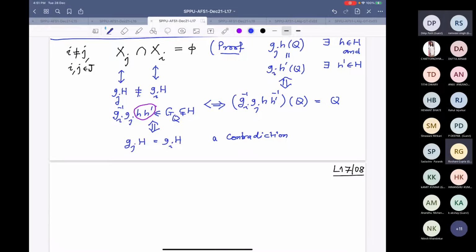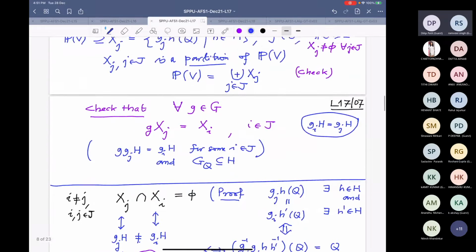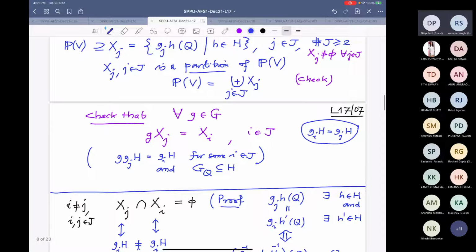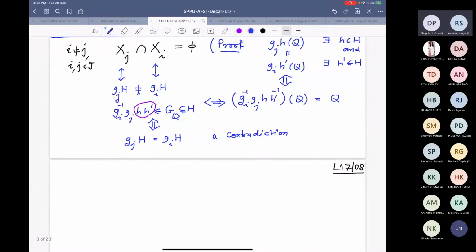All right. Now, do you agree that we proved that this is the partition? Yes. And now I will prove that every g will send xj to xi. So what do you have to check?